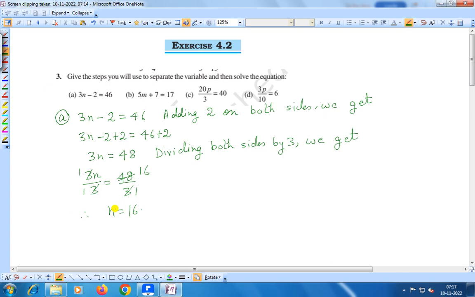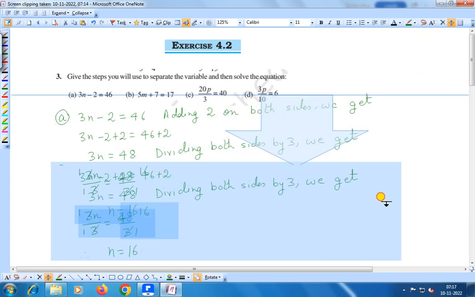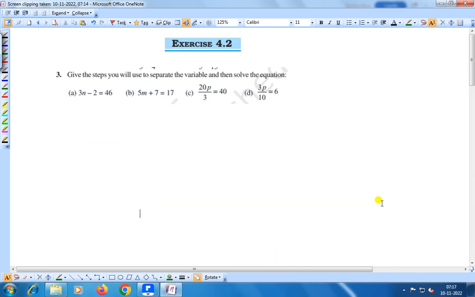Question number B is 5m plus 7 is equal to 17.